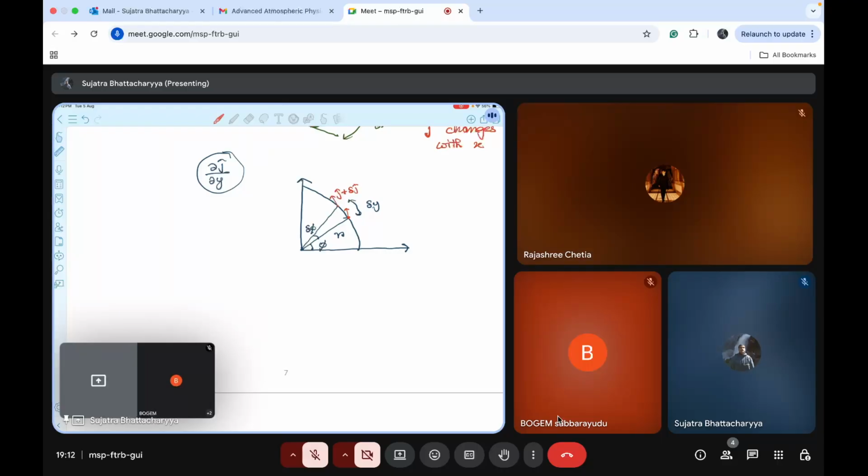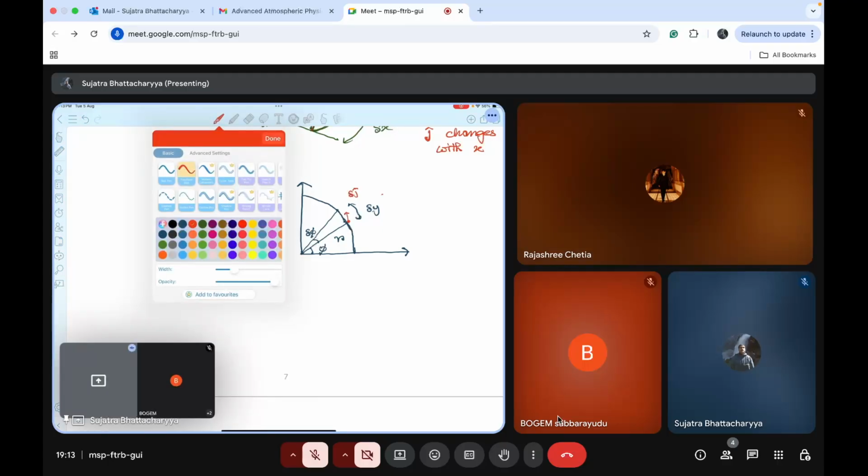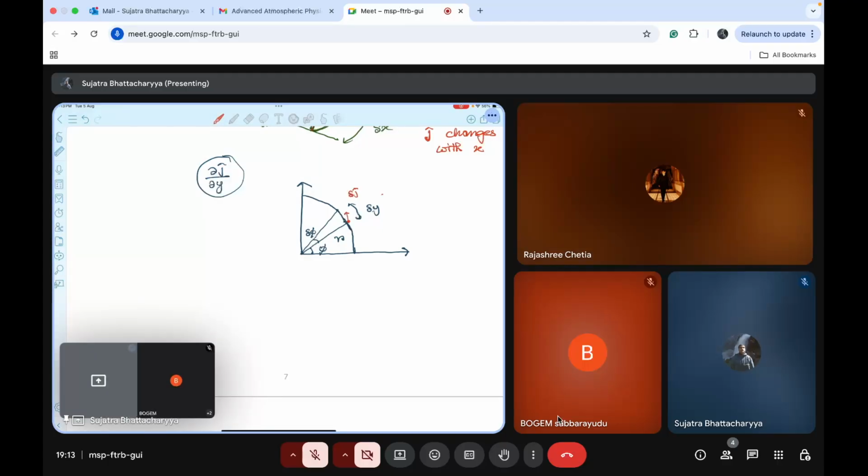All right. So now, what would I say is the direction of these two? If you just shift the vector here, you will see that it will come out like this. Something like this.